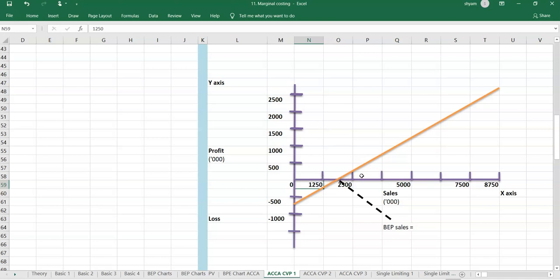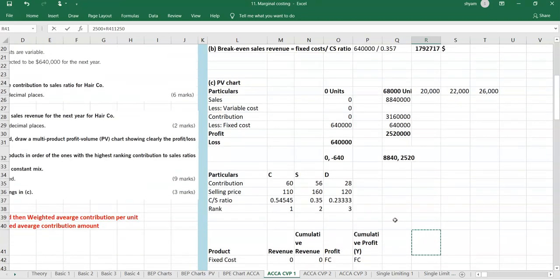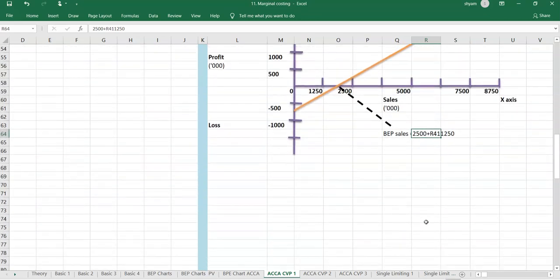It is cutting between these two, so it is averagely like this.